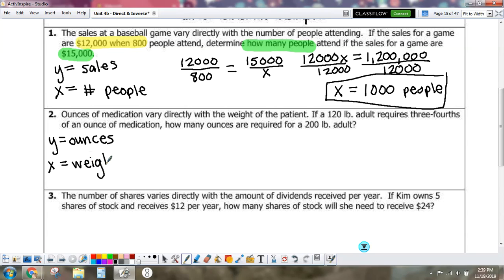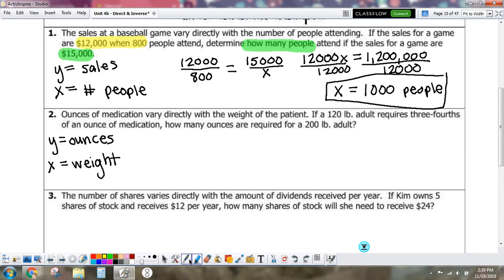Then I need to figure out what my ordered pairs are going to be. For the first one, I have my 120-pound adult that requires 3/4 ounces of medication. So I would go ahead and write my proportion and put my 3/4 over my weight.